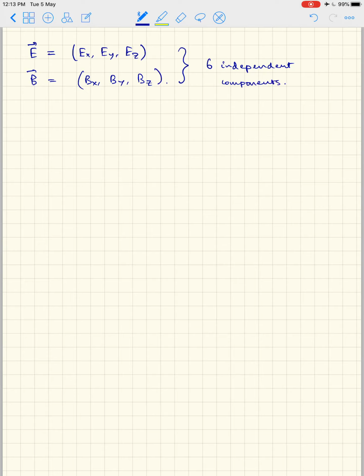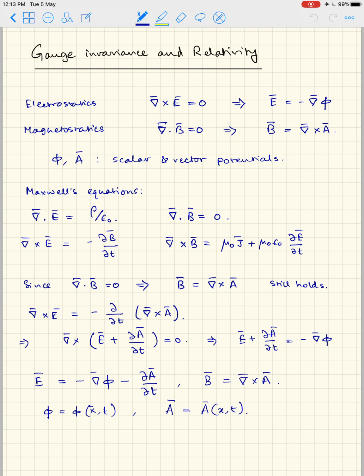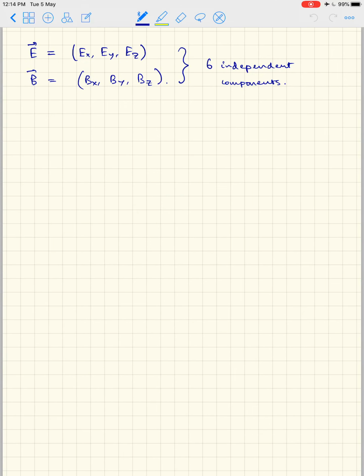Now you have a 4 vector A mu, and it's very clear that the electric field and the magnetic field are related to this 4 vector A mu by some factors of del, right? But before we get to that, let's try and see.